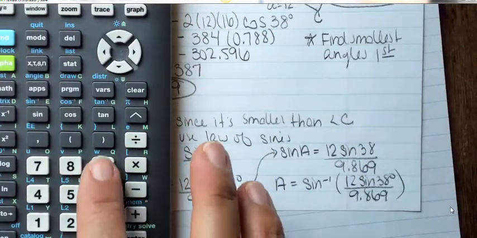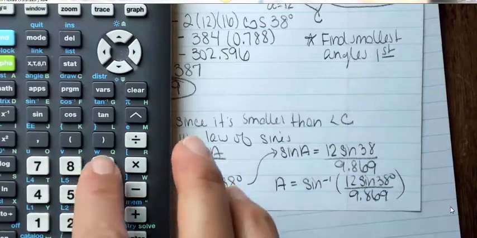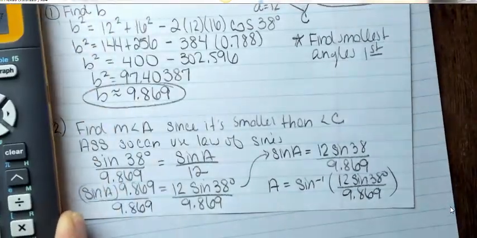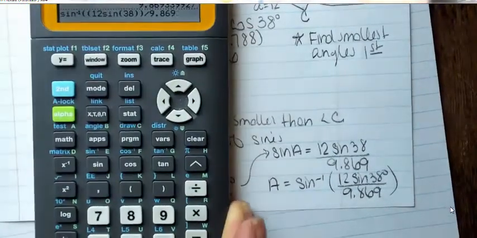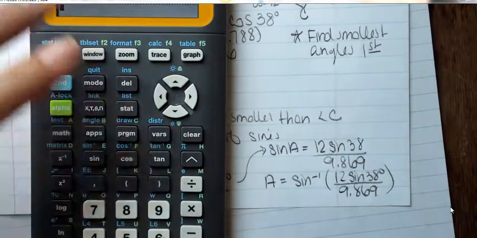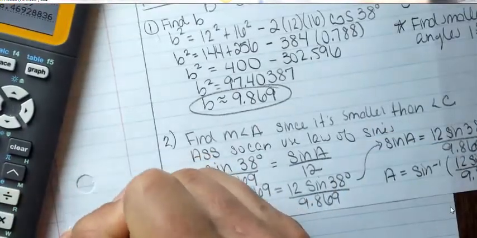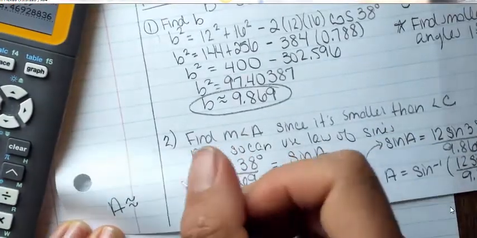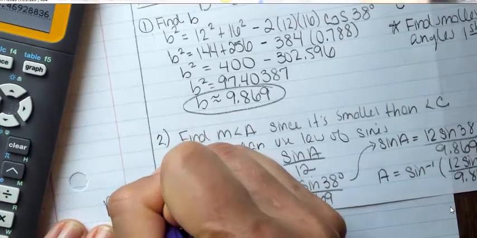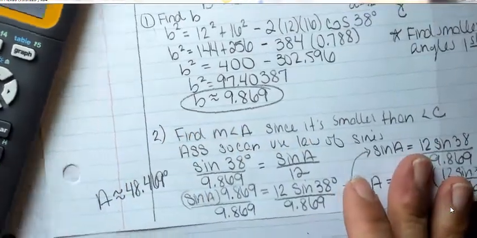And then I'll divide that by 9.869. Do I have a few more? Nope, I didn't write any more. That's okay. Alright, so I know now that A is approximately 48.469 degrees.